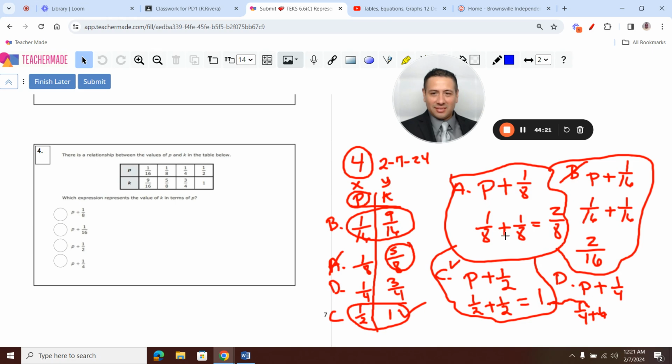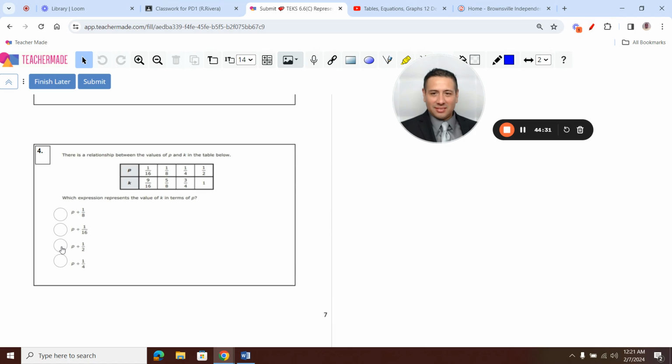Okay. So the answer is letter C. Go and press it here.